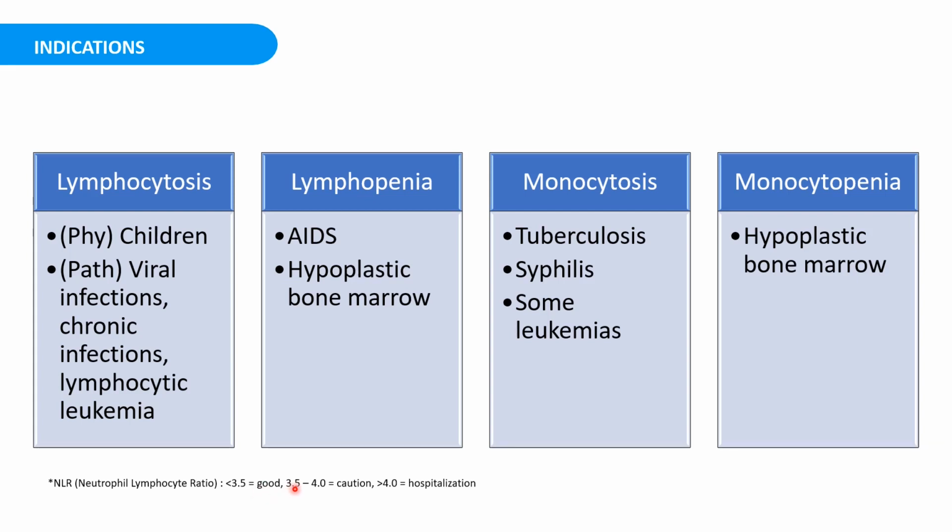If the NLR ratio is between 3.5 and 4.0, the person needs to be cautious because the situation can worsen; the person might have a mild to moderate infection. But if it is more than 4.0, the person needs to be hospitalized, because the chances are the person will have a moderate to severe coronavirus infection. That is why the NLR ratio is now commonly used to find out the severity of coronavirus infection.